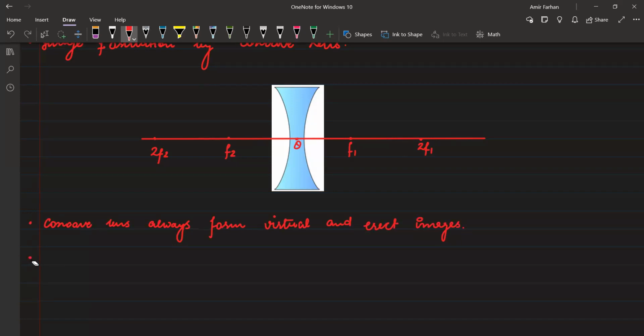The second is that the concave lens has a negative focal length.